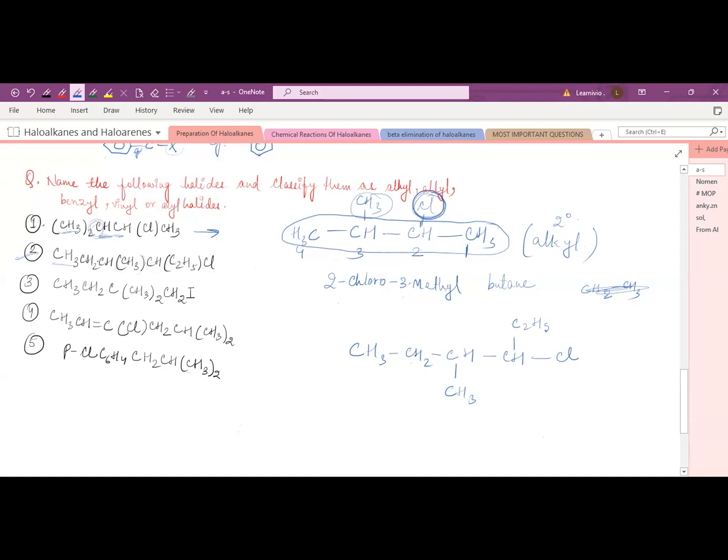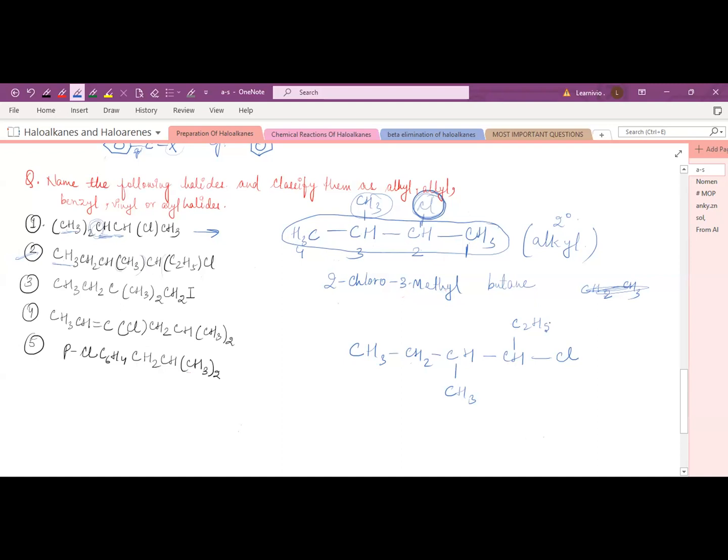The carbon to which the CH3 is attached, this is in bracket, so you can add the CH3 as a substituent over here. Now again, next move to CH, and again this is in bracket, which means this C2H5 is attached to this carbon.